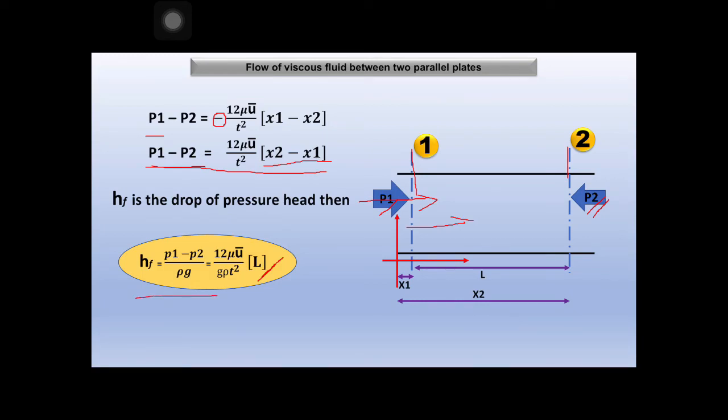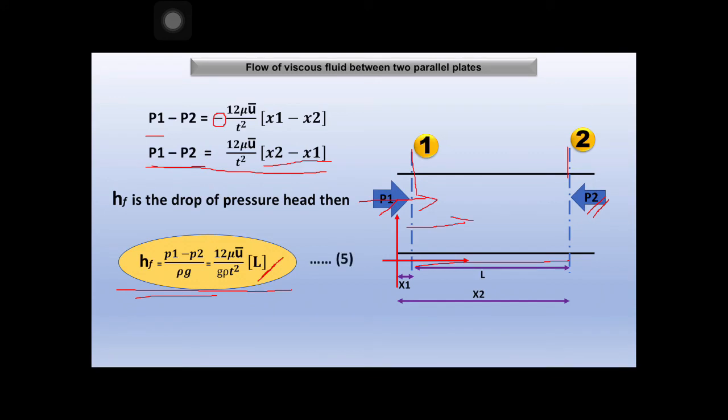And this L is nothing but the difference between these two sections, which is x1 minus x2 or x2 minus x1. So this is the final equation on pressure drop while viscous fluid is flowing between two parallel plates.